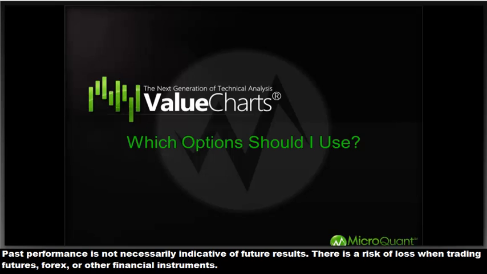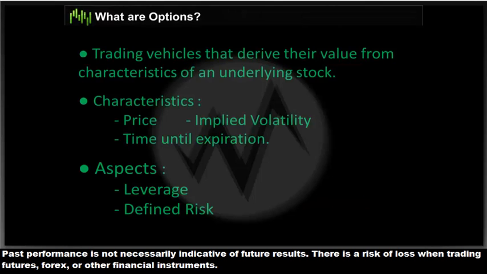Okay, so next thing, now we've finished talking about our indicators, let's start talking about options and options on stocks. The first question that comes to mind is, which options should I use? Now, just to step back really quickly, what are options? Basically, they can be thought of as trading vehicles that derive their value from characteristics of an underlying stock.